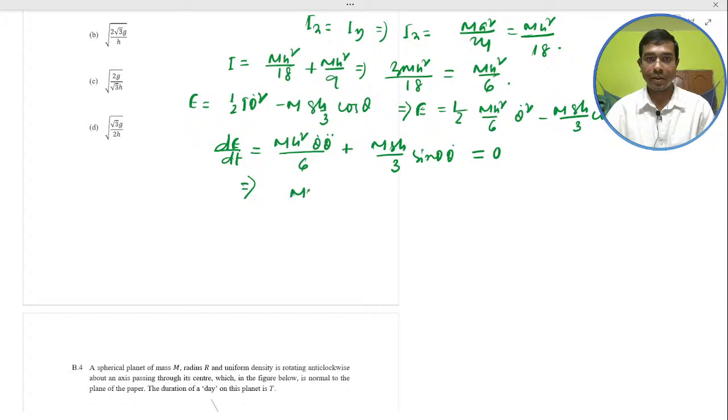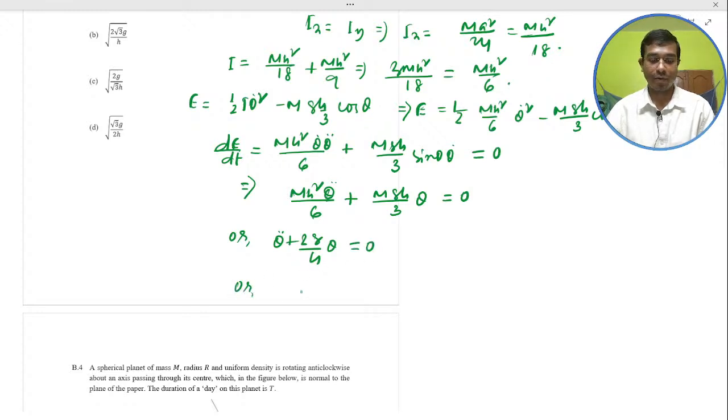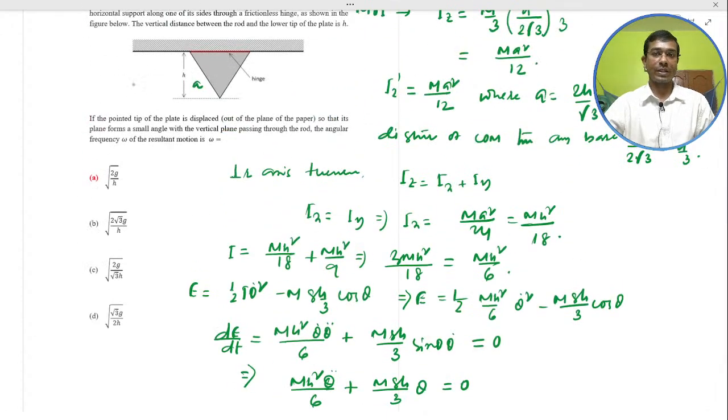Or m a square theta double dot by 6 plus, just calculation, mgh by 3 theta equals 0. Or theta double dot plus 2g by h theta equals 0. Or this will become omega equals square root of 2g by h. Option A is correct.